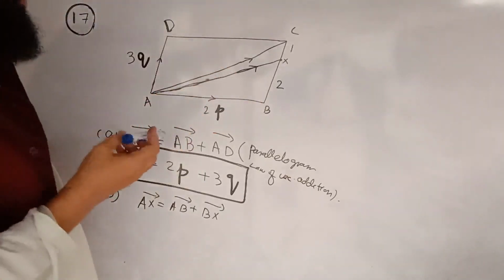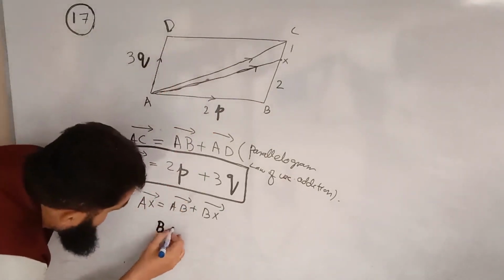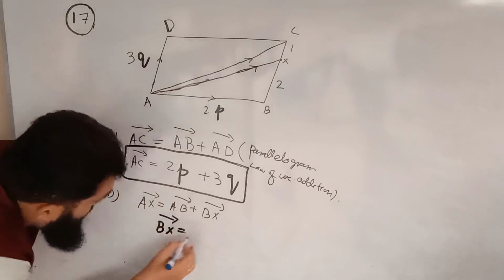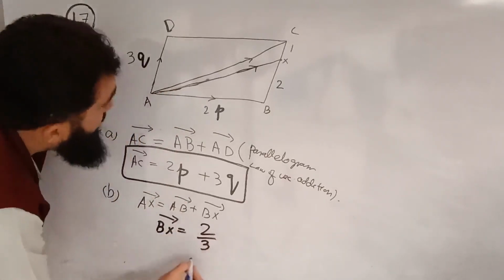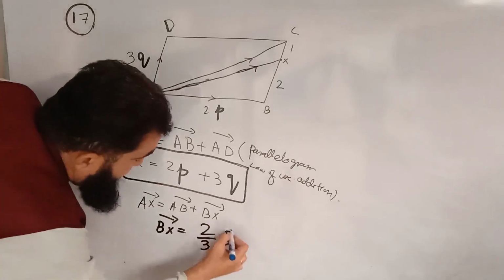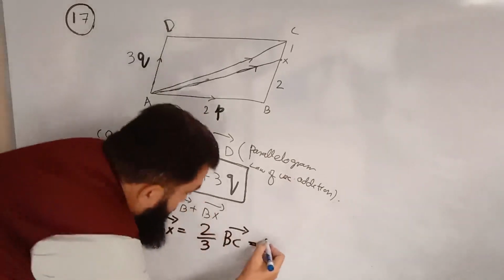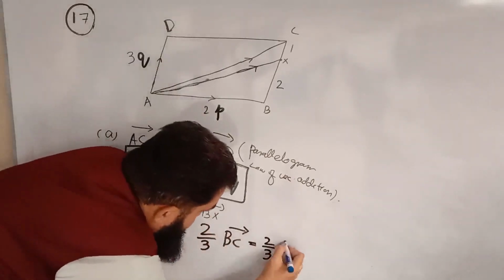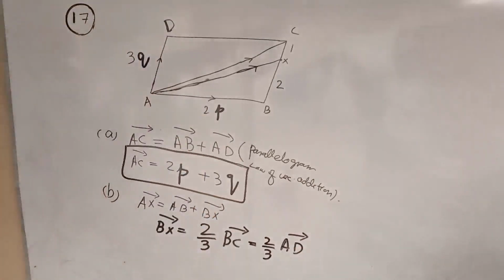So BX is equal to 2/3 of BC, but BC is equal to what? AD, so this is equal to 2/3 of AD.